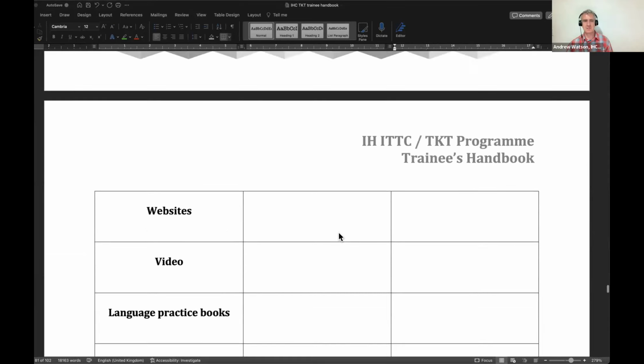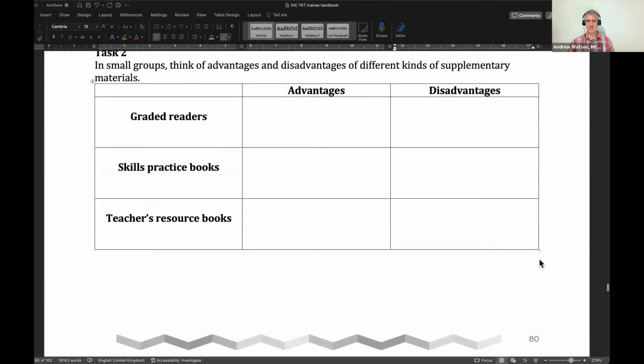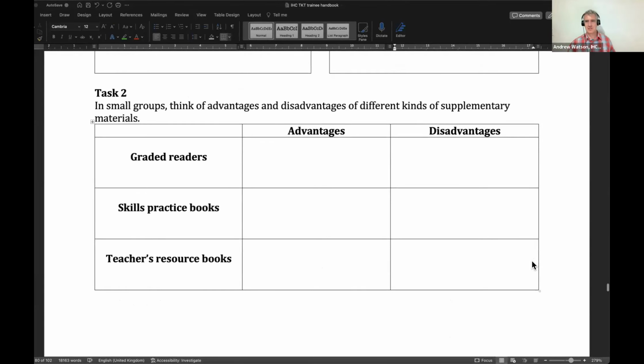Which do you prefer? Should we do it the first way? Paula does advantages, Christian thinks of disadvantages. All right, let's begin. Give you about 4 minutes. So just write your answers, just brainstorm some answers, and then we'll compare.